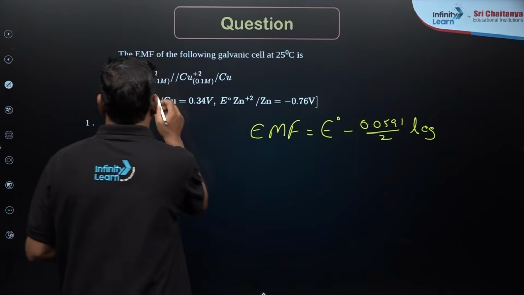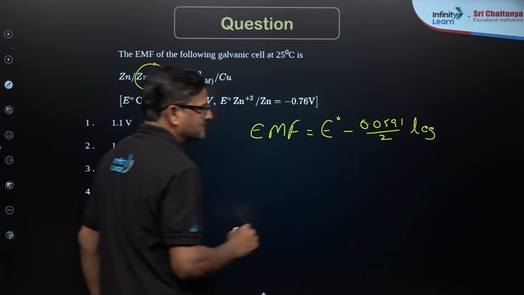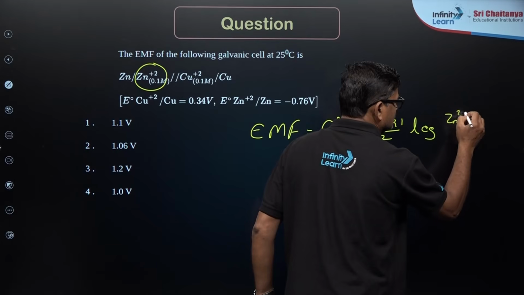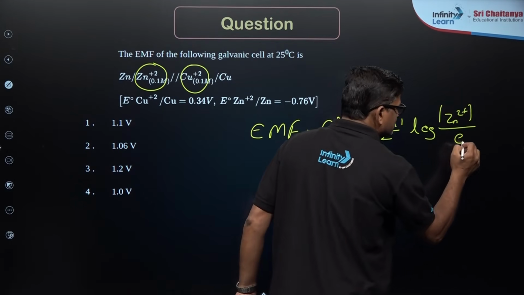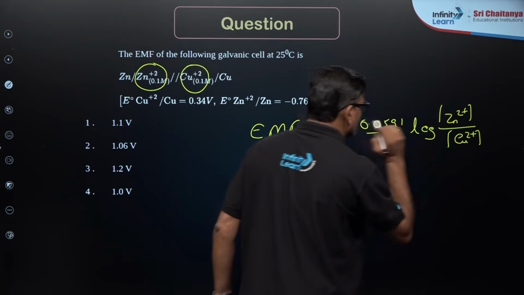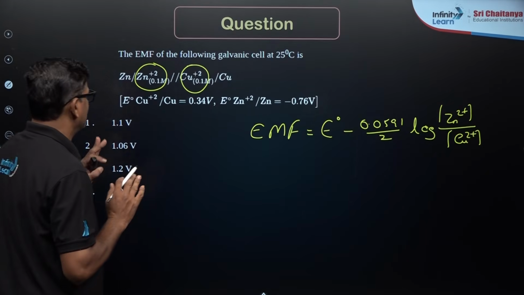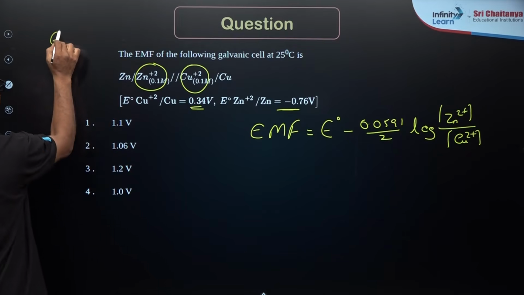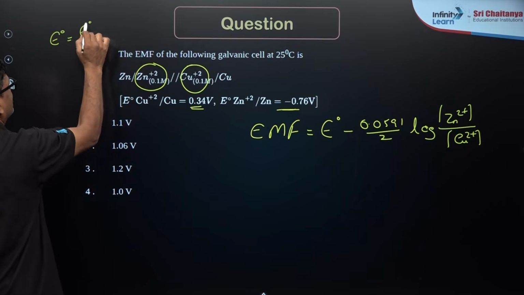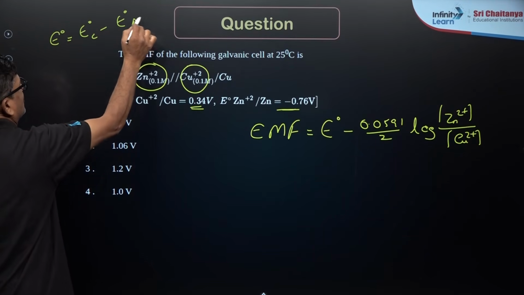Here zinc is going to be anode and copper is going to be cathode. E naught cell is equal to E naught of cathode minus E naught of anode.